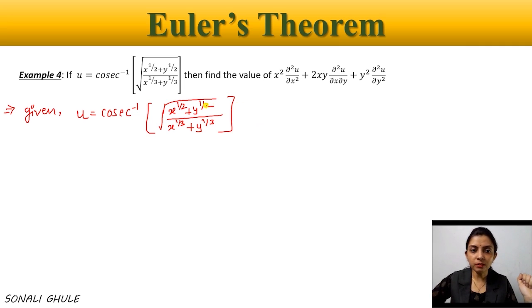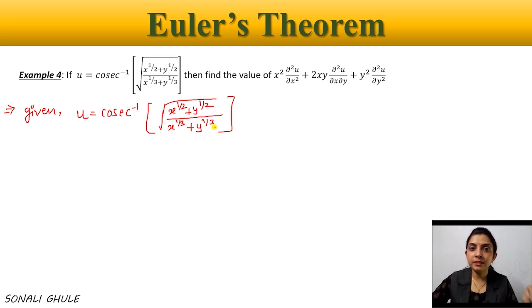So you have to check all the terms in the numerator, whether all powers of the variables are the same. Yes, you can see x raised to 1 by 2, y raised to 1 by 2. Whatever the terms in the numerator, all have the same power. And in the denominator also, all have the same degree.